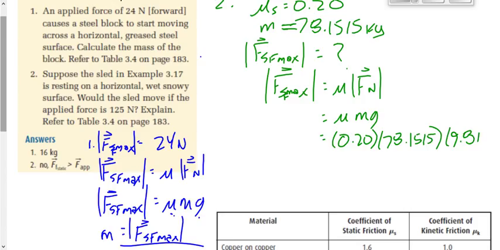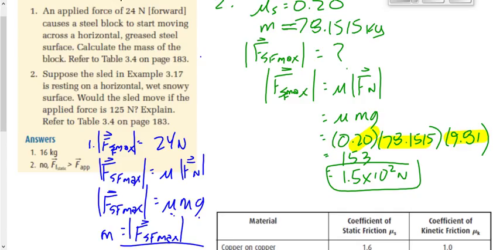Let's figure out what that is. 0.2 times 78.1515 times 9.81 gives me a value of 153. We would actually technically round that to how many digits? Two digits. Final answer should be 1.5 times 10 to the 2 newtons. Okay, so there's the maximum force of static friction.